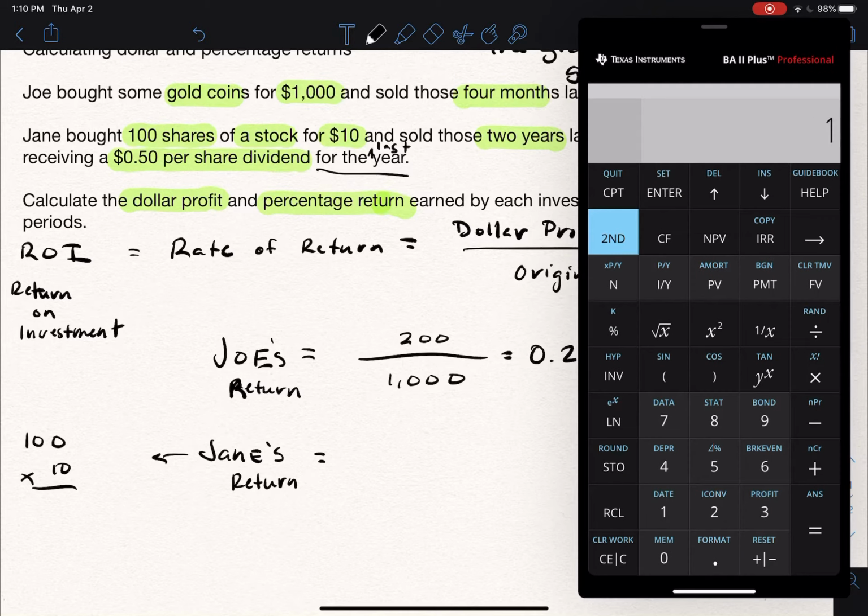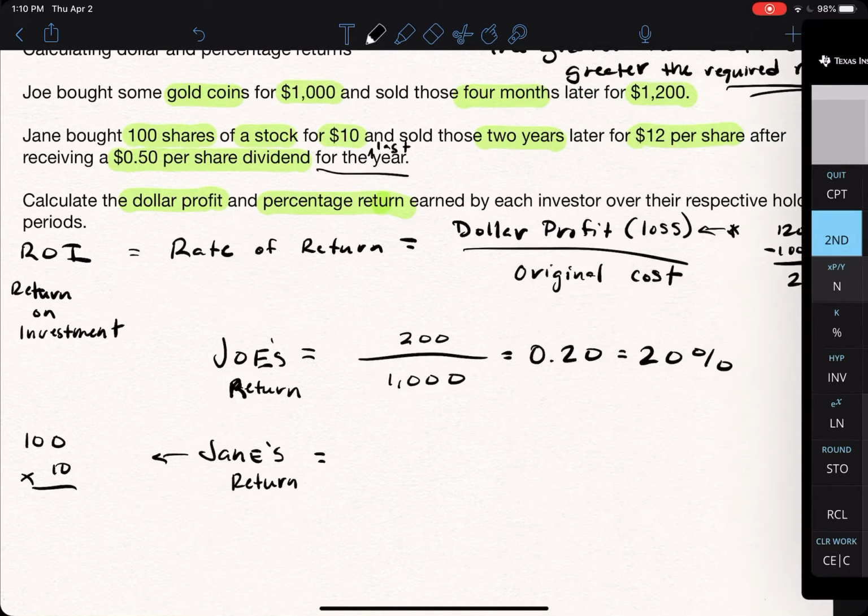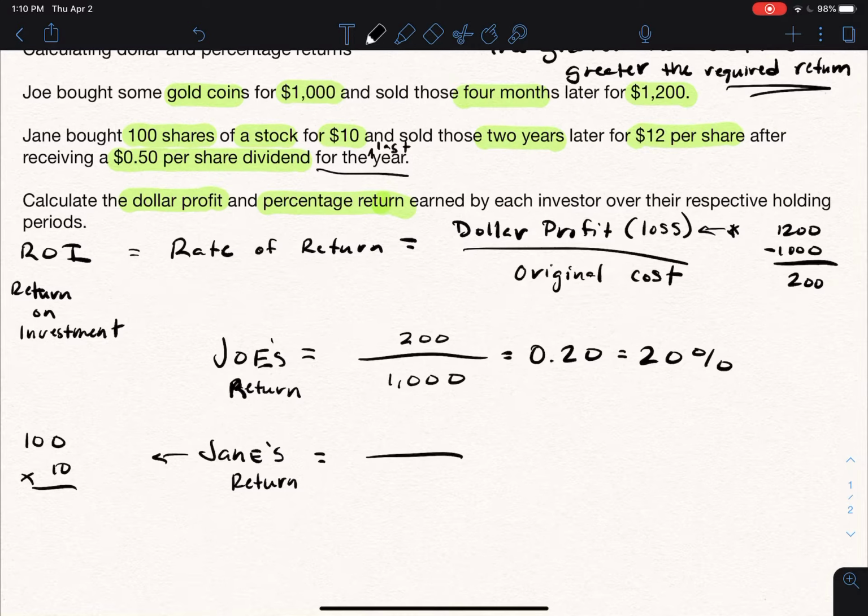So we're going to say 100 times 10. So she also spent $1,000. All right, and then it says 2 years later, she then sells it for $12 per share, but after receiving a 50-cent dividend for the second year. So this changes things a little bit, right?